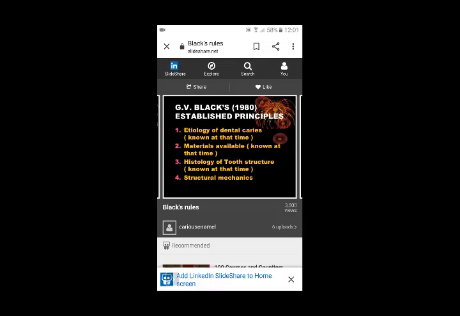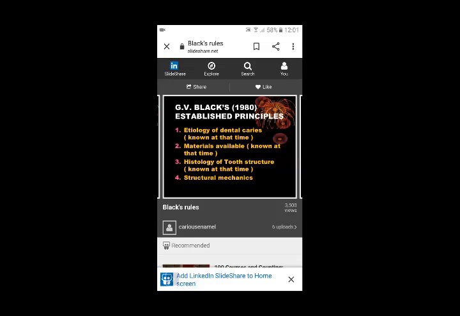So he designed a cavity based on the knowledge which was available at that time. Then he designed this cavity on the basis of the materials which were available. At that time, only amalgam was available.